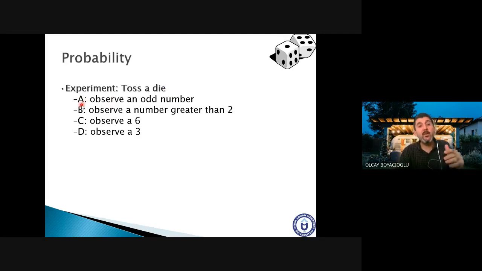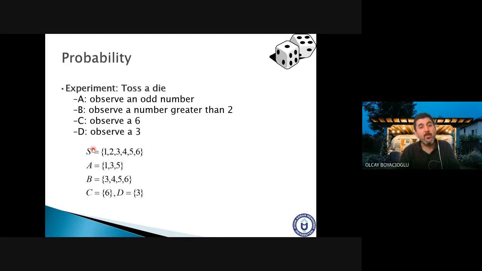Okay, let's create more events. For example, A would be observing an odd number, like odd number 1, 3, and 5. Okay. B is observe a number greater than 2. That means 3, 4, 5, 6. These 4 outcomes. C is observe a 6. 6 gelmesi durumuna C diyelim. 3 gelmesi durumuna D diyelim. Özellikle mesela. Alright? And let's try to list them.